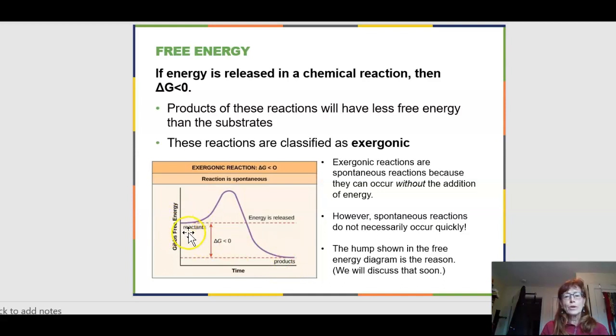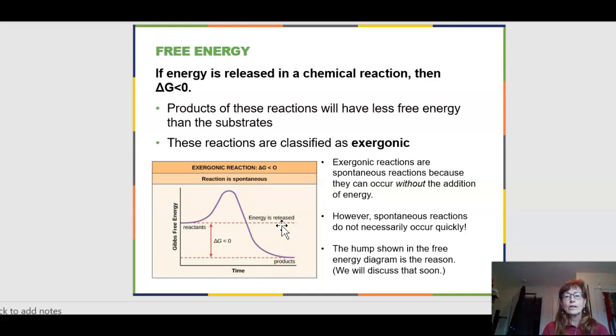And if we let this reaction go forward, then the delta G value is going to be less than 0. In other words, as the reactants react, we're going to get some products which have a lower energy value, and some energy is going to be released.